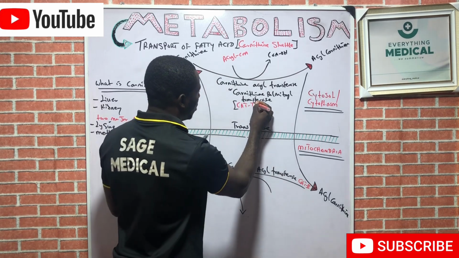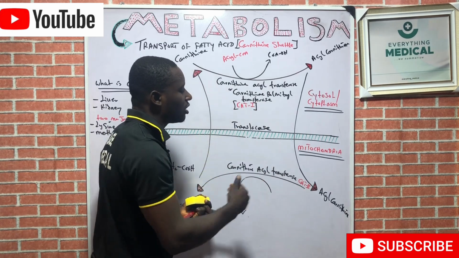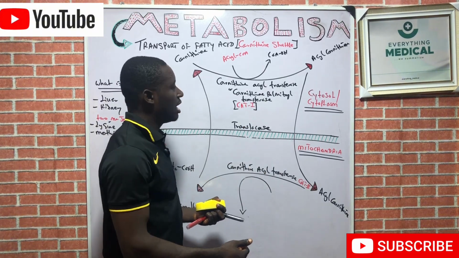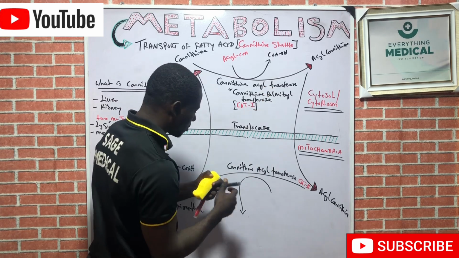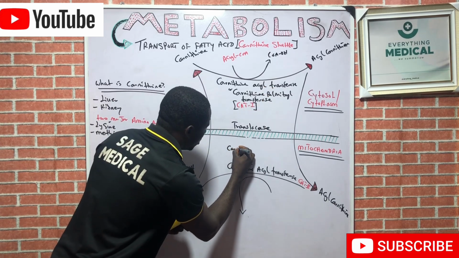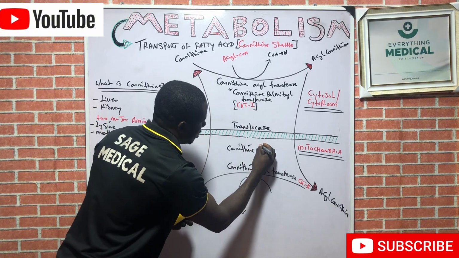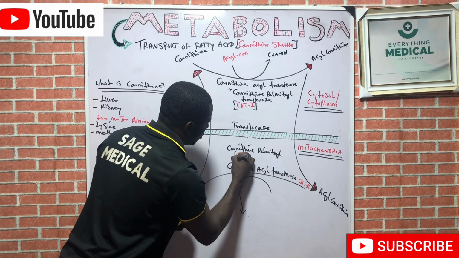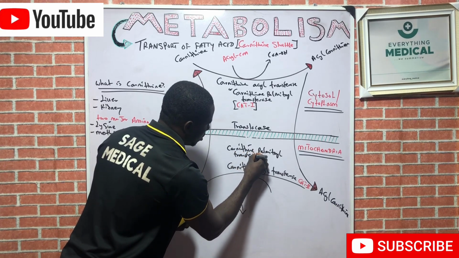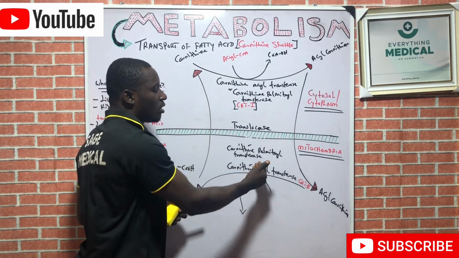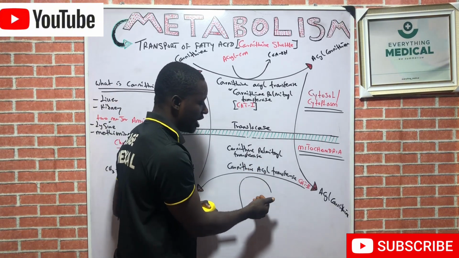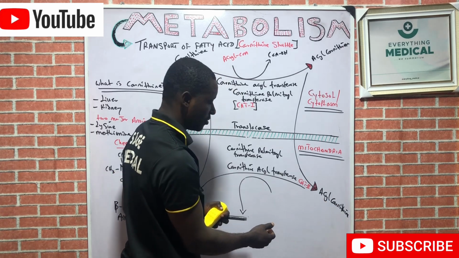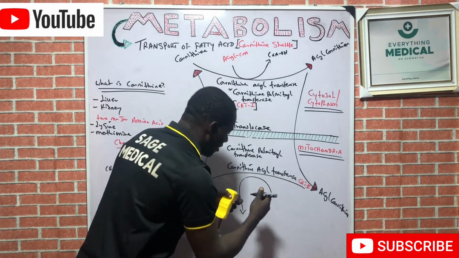It can be alternatively called carnitine palmitoyltransferase as well, as we said for CAT1. What is the work of this enzyme? This enzyme cleaves the functional groups from this acylcarnitine. That is the work.